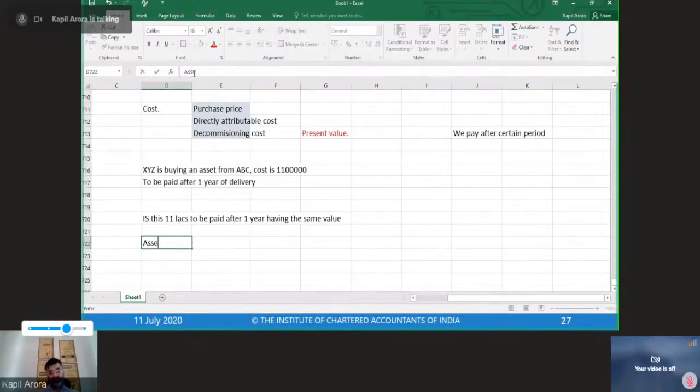Asset value will not be 11 lakh. Asset value would be present value of 11 lakhs. How we are going to get the present value? Let's assume the interest rate is 10%. Present value is 1 upon 1 plus R raised to power n.